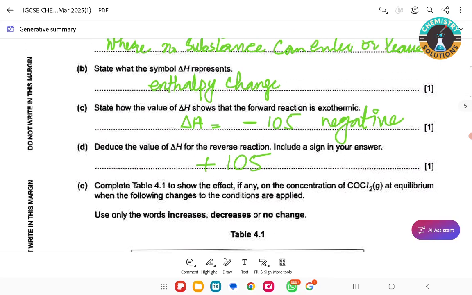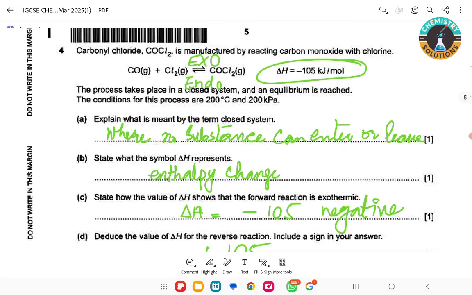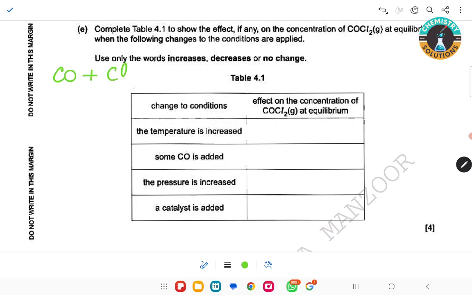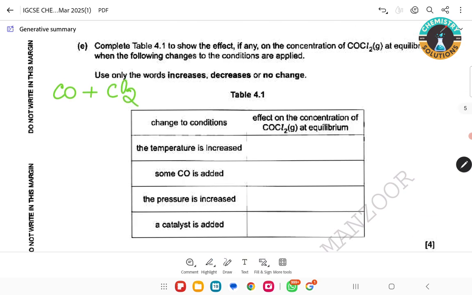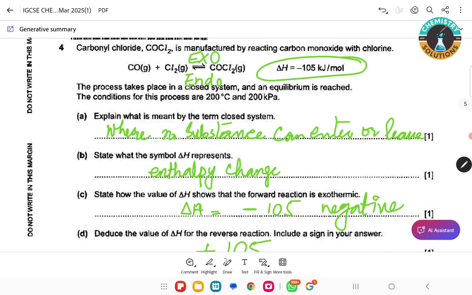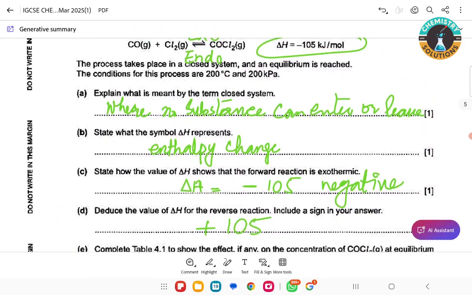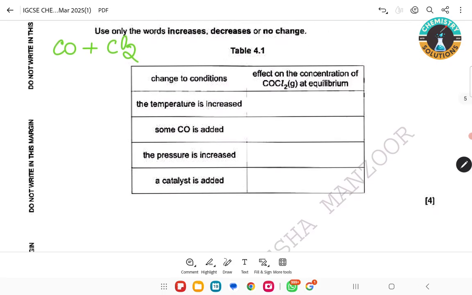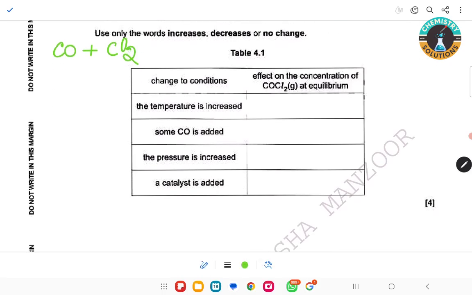Let me write the equation down: CO plus Cl2 reversible reaction COCl2, all are gases.